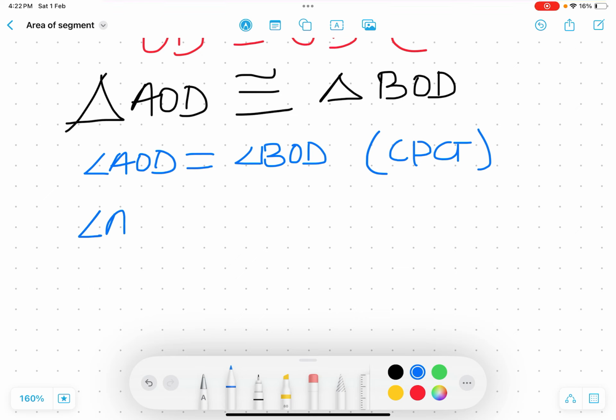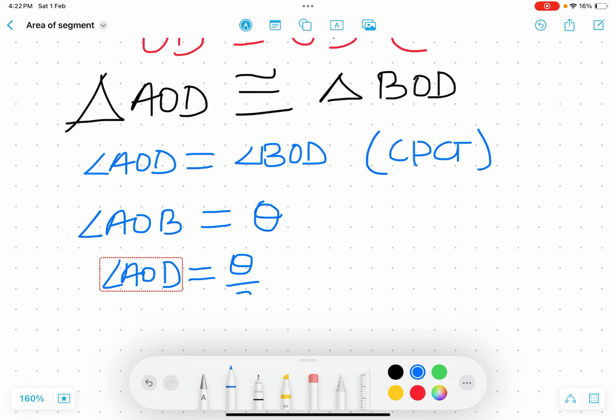As we know, these two angles are equal and the whole angle AOB is theta degrees, theta we have represented by theta. So angle AOD will be equal to half of theta.